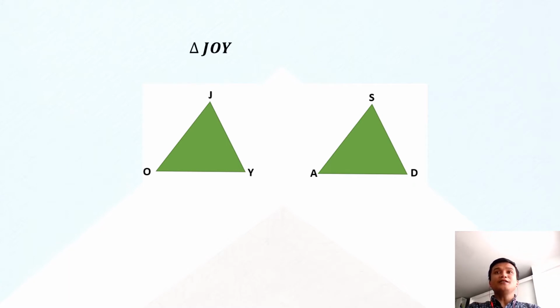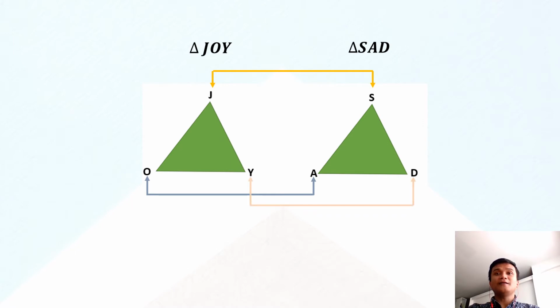Since triangle JOY exactly fits triangle SAD, let's match their vertices. Angle J matches angle S. Angle O matches angle A. And angle Y matches angle D.